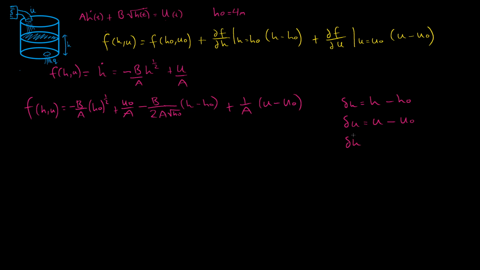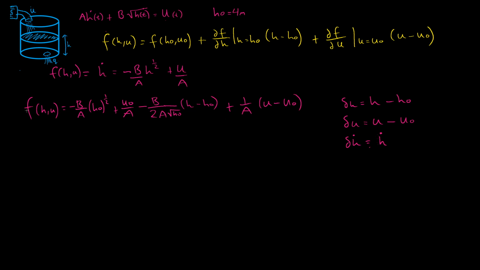Let's have delta h dot, and since HO is a constant, it's just going to be h dot. Now that we have these terms defined, we can make some substitutions.